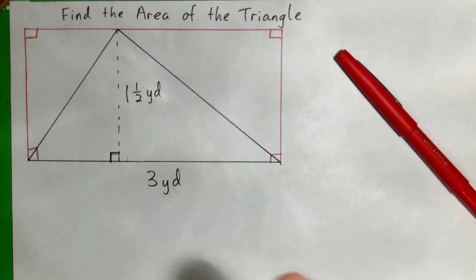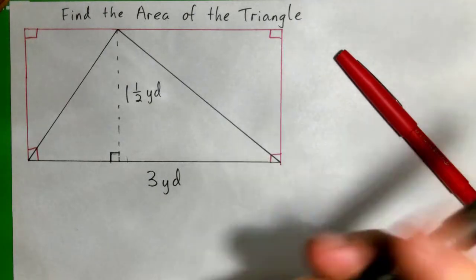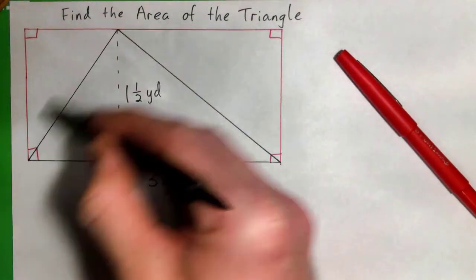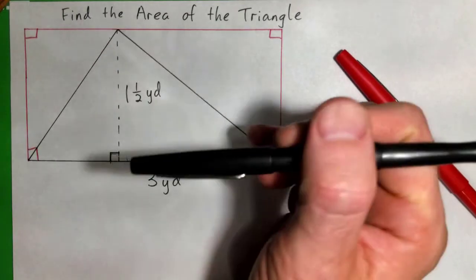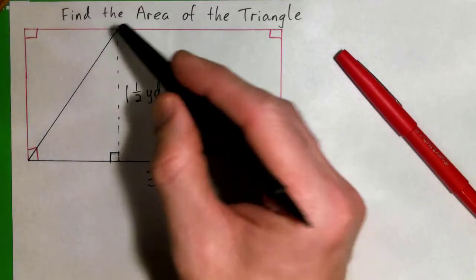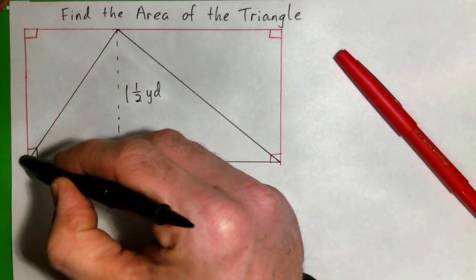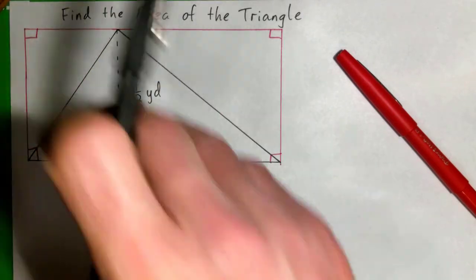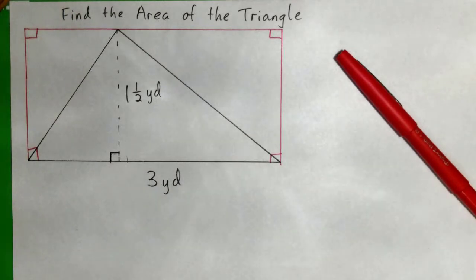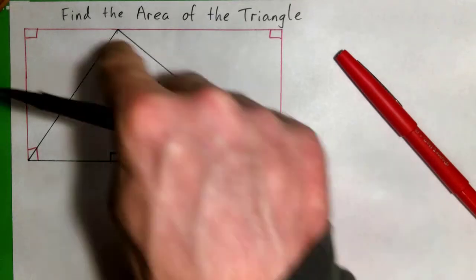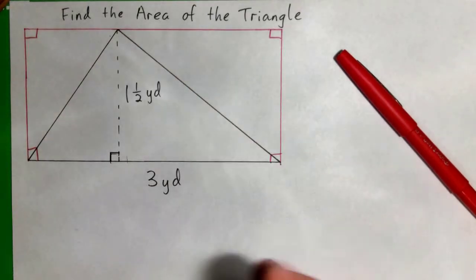I hope you notice that this triangle is the same shape as this one, and in fact, it's also the exact same size because their long hypotenuse side here is the same. So that triangle is the same as that. What two triangles are the same? Right, so this triangle is the same as this one.